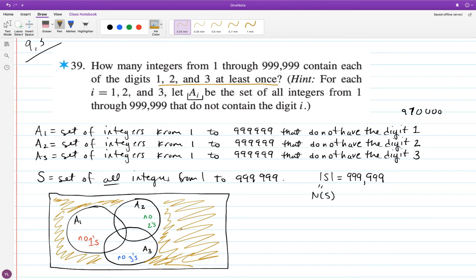It means you don't not have a 2 or something like that, a double negative there, and you realize that this is the count that I want out here. Okay, so what I really want to do is compute the number of elements in the entire set minus A1 union A2 union A3. Okay, and from the difference rule, I know that that's simply the count in S minus this count.